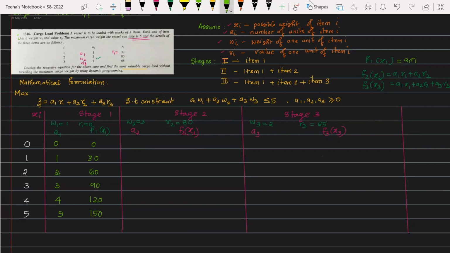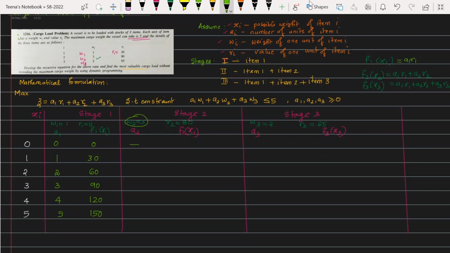See, in stage 2 we have the W2 of the item in stage 2, that is item 2 we are concentrating on. So for W2 the weight is 3, 3 units. Now in order to have the cargo weight to be 0 units, we cannot consider this A2.